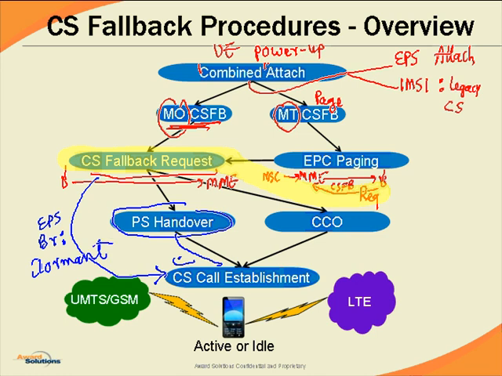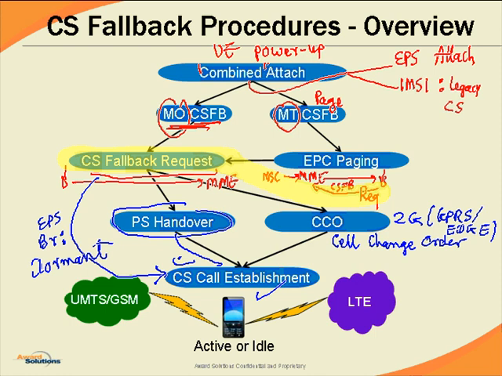Now, in some technologies, 2G technologies, there is no real handover. There is a cell change order. So that is applicable to GPRS edge. And then we again make a regular voice call.